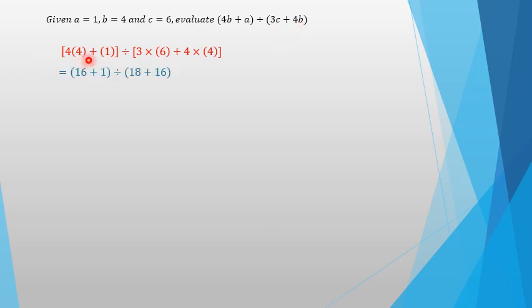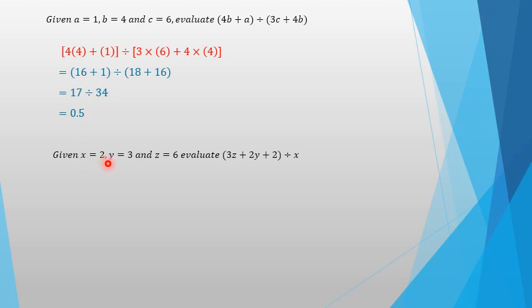So I have to write 16 plus 1 divide by 3 times 6 is 18 and 4 times 4 is 16. Priority goes to solve what's inside parentheses. So 16 plus 1 is 17 and 18 plus 16 is 34. 17 divided by 34, I can simplify both of them by 17, so the answer will be 1 over 2 or 0.5.